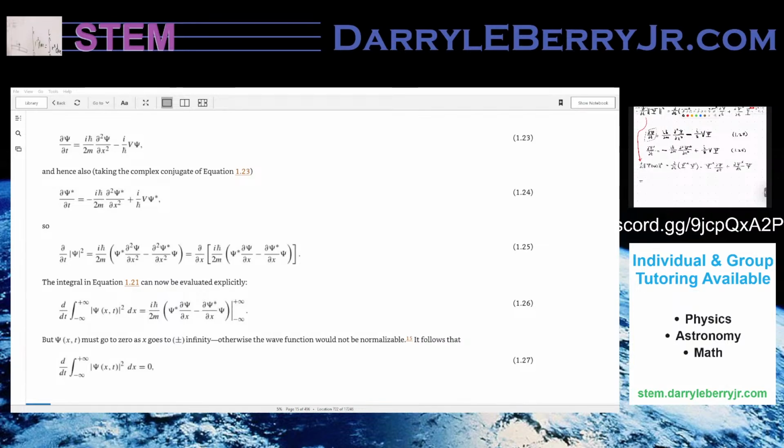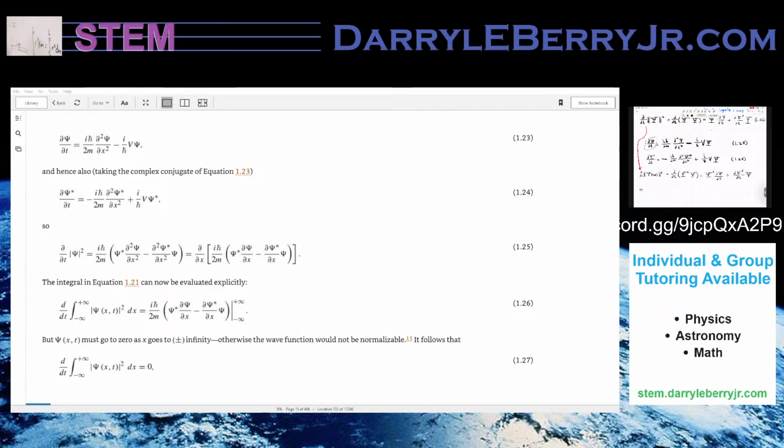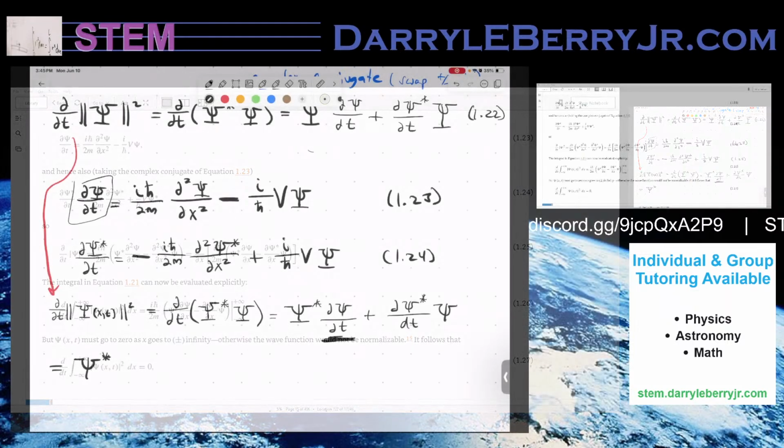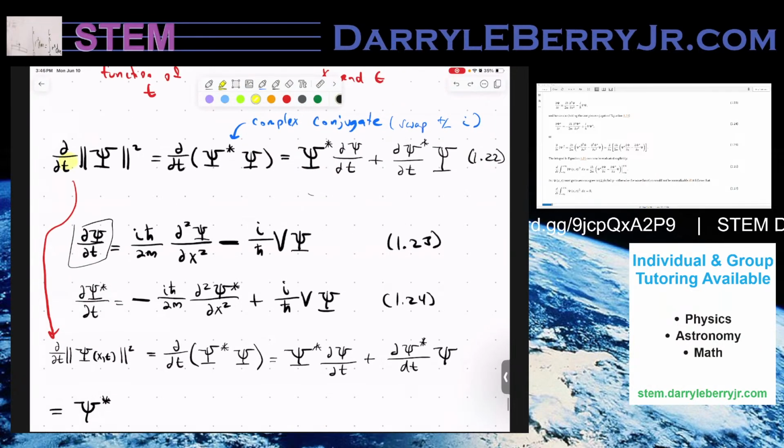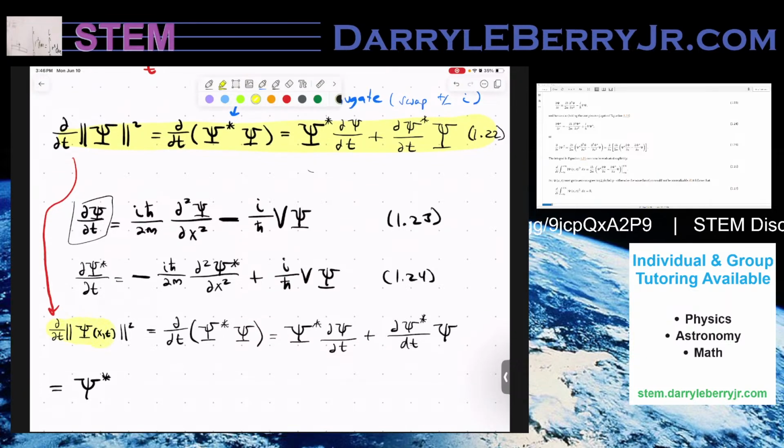So it seems like we're saying this is the complex conjugate still, and the partial derivative is this. So basically all I did on the earlier part, I just took this line right here and rewrote it. Took this highlighted part here and rewrote it here, that's psi mod squared.